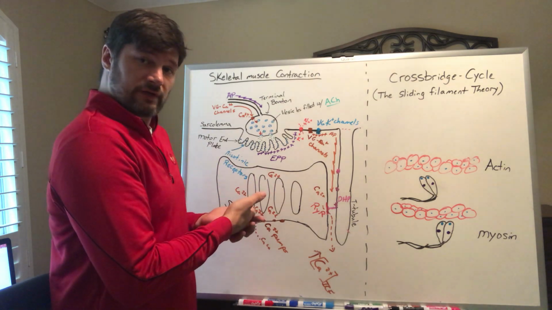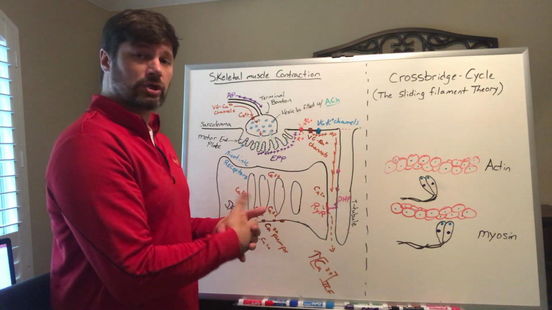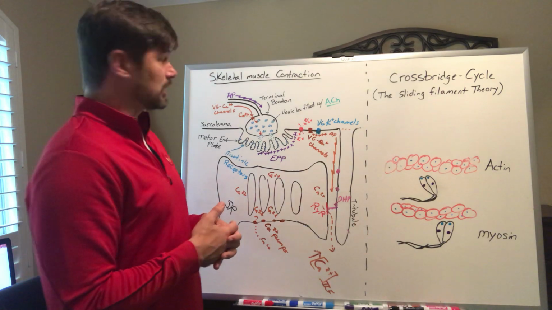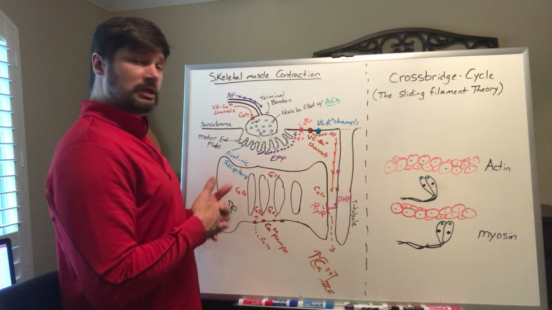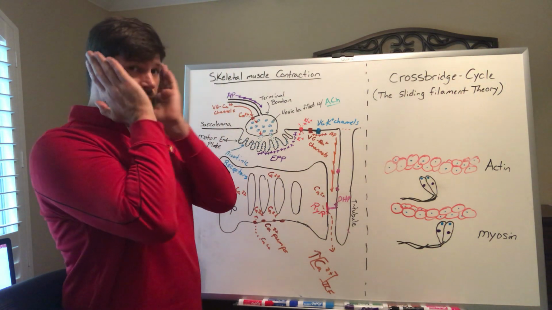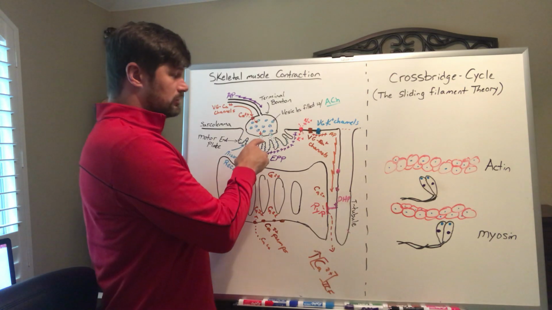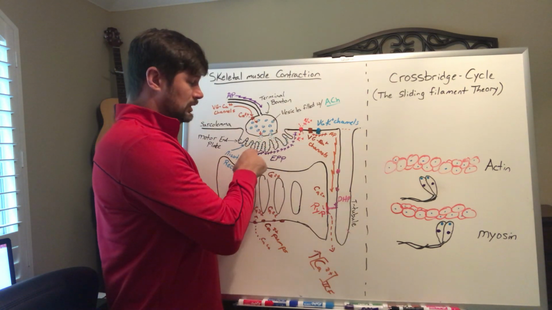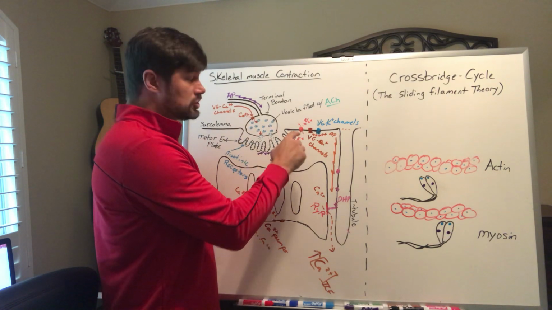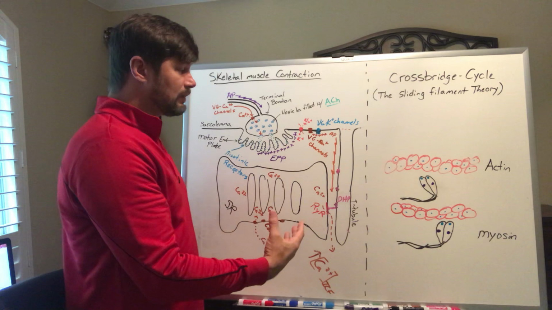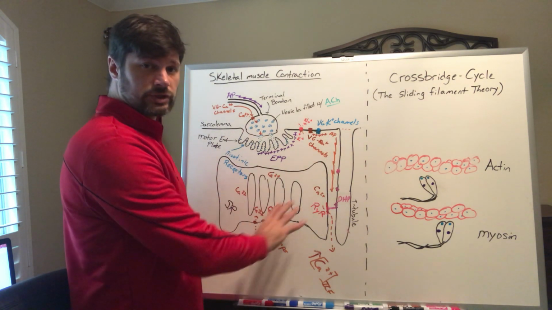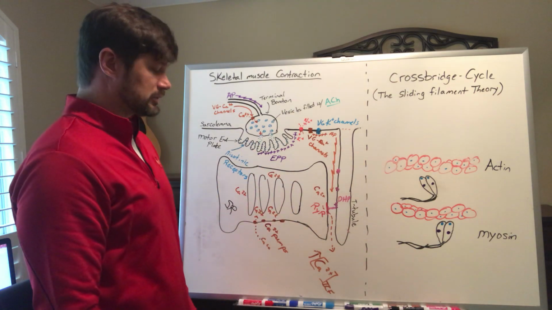So far, we've actually seen a big chunk of how skeletal muscle contraction occurs in the human body, in most animals for that matter, where we first went into how an action potential from the brain is going to end up creating an end plate potential voltage along the motor end plate, which is going to create a new action potential on the sarcolemma, and then that action potential travels down to the T-tubule to cause the release of calcium from the sarcoplasmic reticulum.